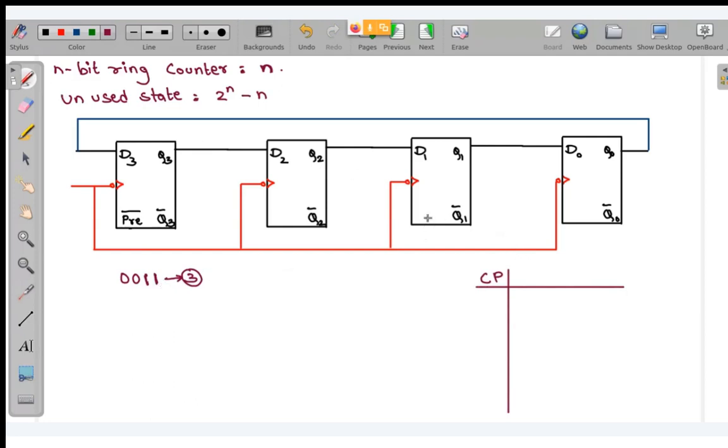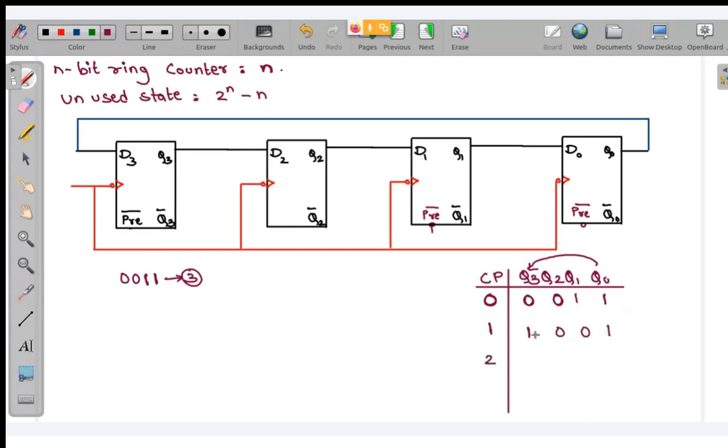Just assume, or you can even say, that the preset bar for this and the preset bar for this were activated, so Q3, Q2, Q1, Q0 initially at clock pulse 0 is 0, 0, 1, 1. Immediately after the first clock pulse, it was removed. So in your first clock pulse, this will transfer over here, so this will become 1. This 0 will be shifted over here, this 0 will be shifted over here, and this 1 will come over here.